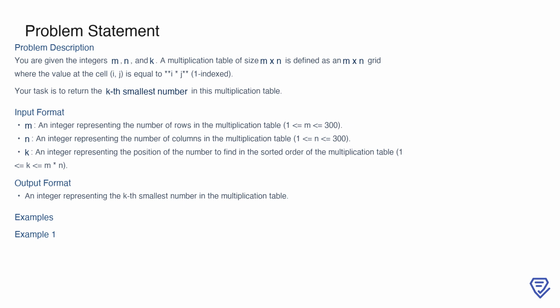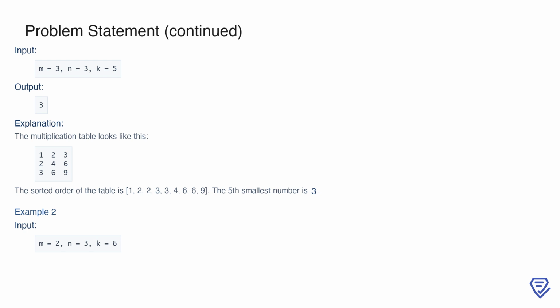With this setup, we are essentially tasked with efficiently searching for a specific number in what can potentially be a very large multiplication table. Let's look at an example where m is 3, n is 3, and k is 5. This means we have a 3 by 3 multiplication table. When we expand this table, row 1 contains 1, 2, 3, row 2 contains 2, 4, 6, and row 3 contains 3, 6, 9.